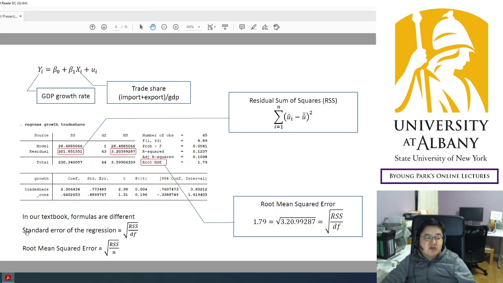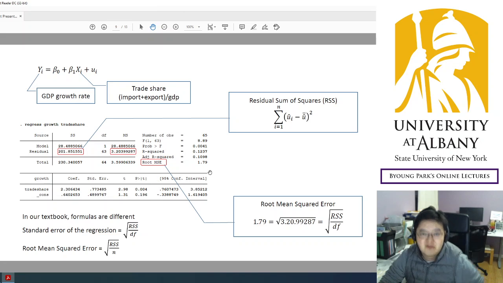So the larger the standard error of the regression is, the less accurate your estimators will be. This standard error will affect these standard errors. In the calculation of these two standard errors, they utilize this number. The formula is a little more complicated, so I'm not going to show it, but you can see the flow.